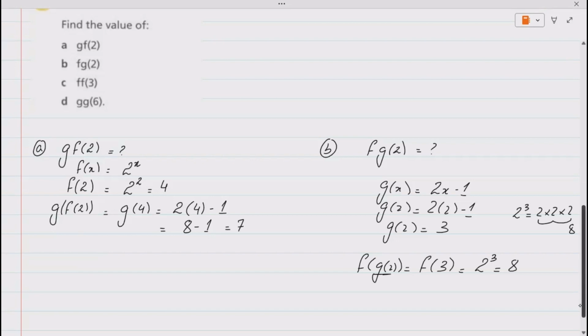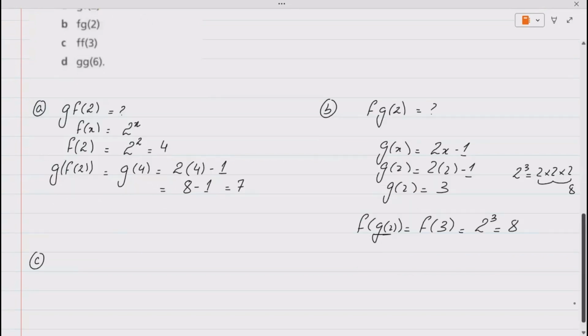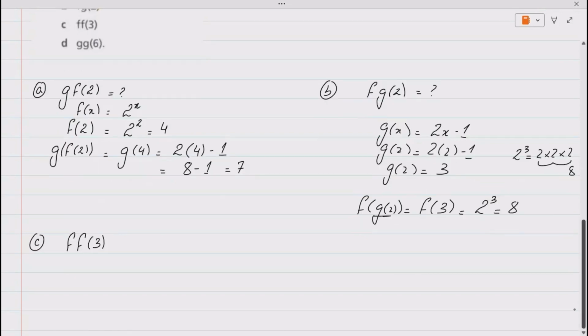Okay, part C is f of f of 3. So we have to apply f twice, because we read it right to left.